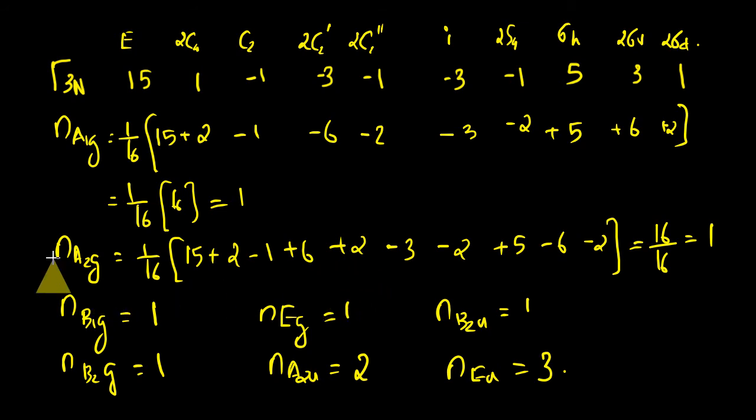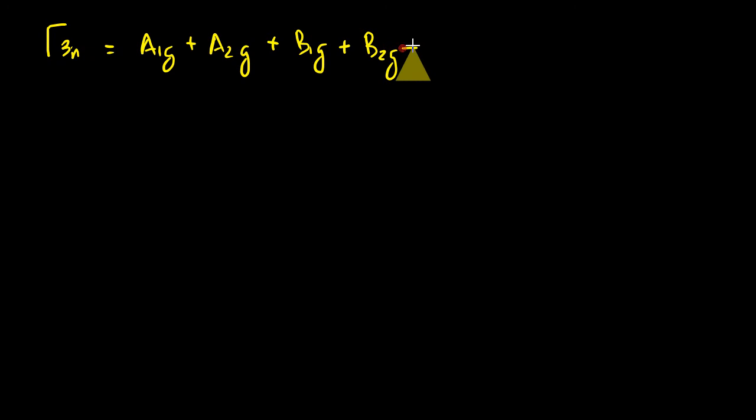Based on this, I can write the total character set corresponding to 3n degrees of freedom, 3n, that is equal to A1g plus A2g plus B1g plus B2g plus Eg plus 2A2u plus B2u plus 3Eu.